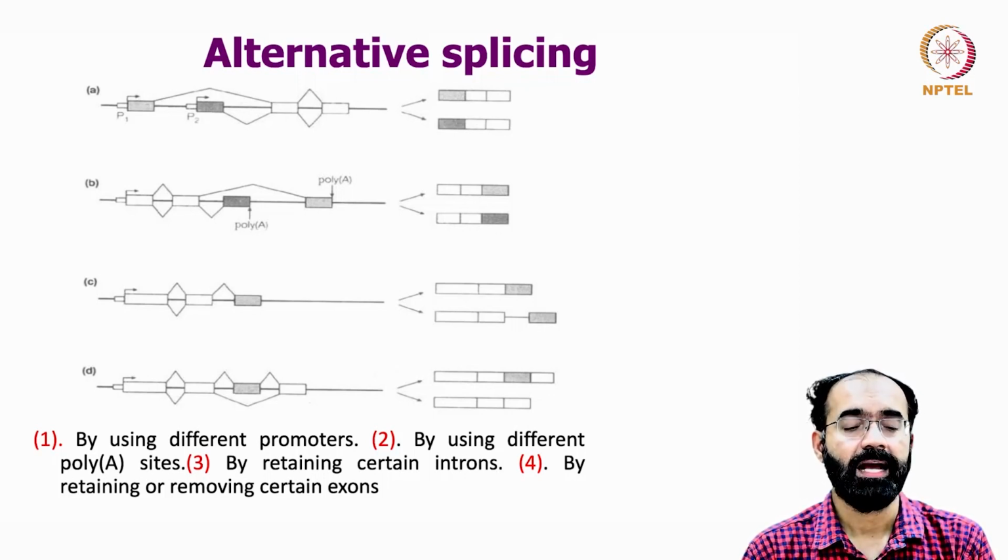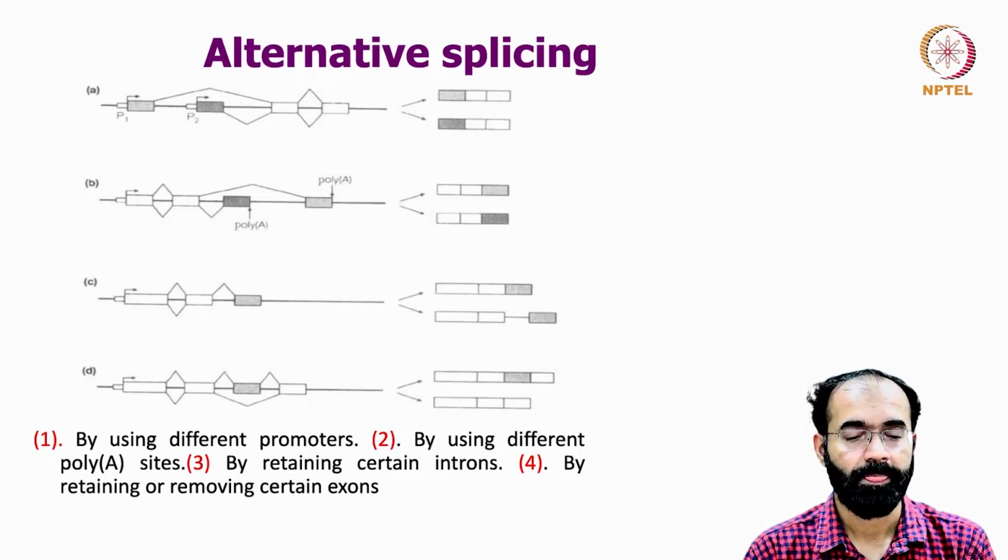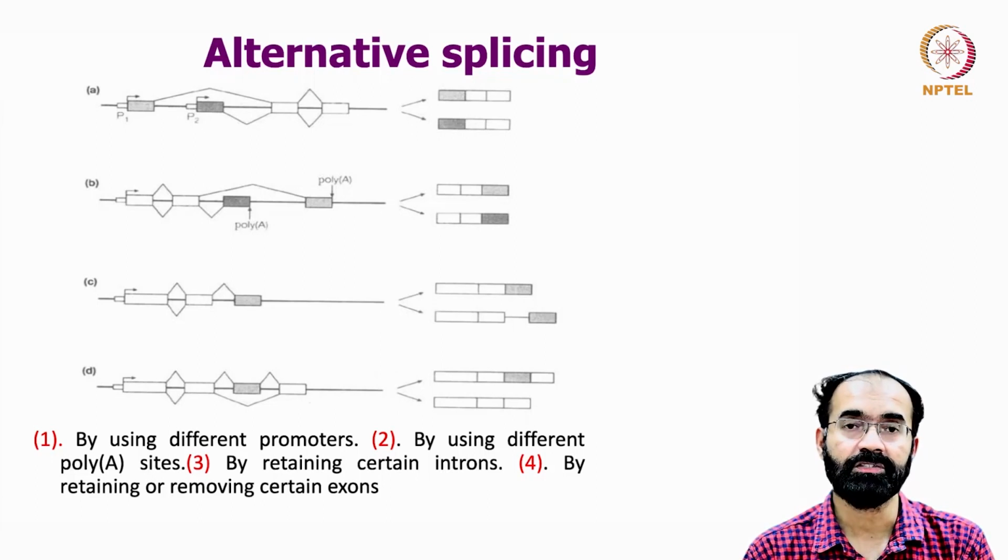Then you can see another example, use of differential polyA sites. How is it done? Here only one promoter is there, exon 1, exon 2, exon 3. What happens? They splice together. Exons 1, 2 and 3 are normally spliced because the polyA site is made use of, and you end up getting one product.